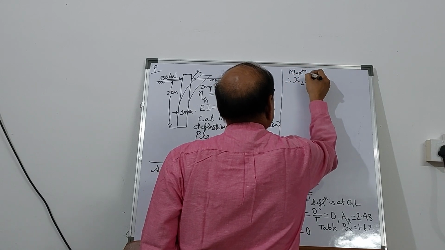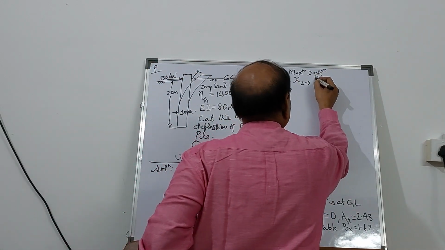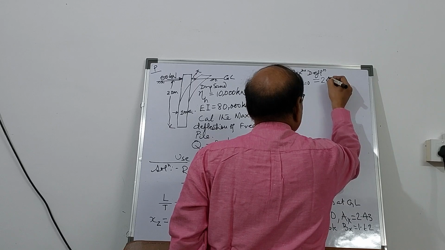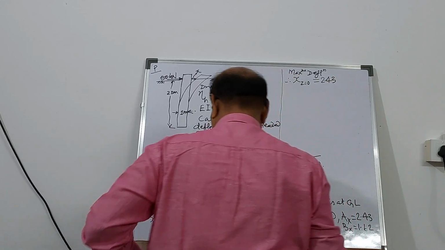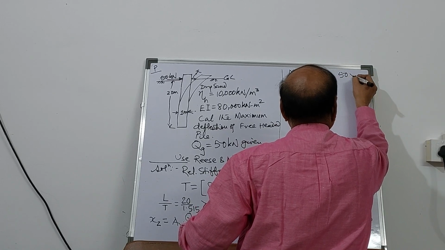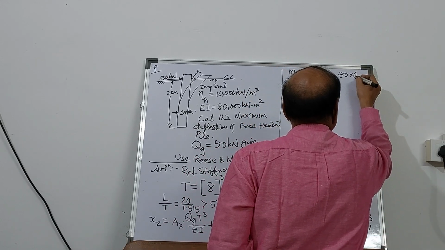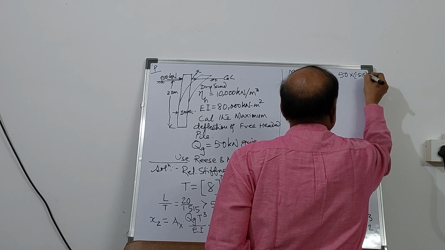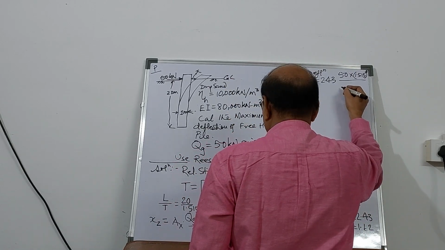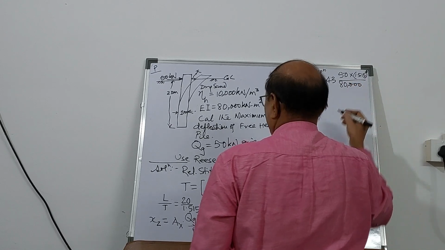So maximum deflection under the horizontal force is going to be equal to 2.43 multiplied by Qg, which is 50 kilonewton, into T cube, T being 1.515, divided by flexural rigidity, which is 80,000 kilonewton meter square.